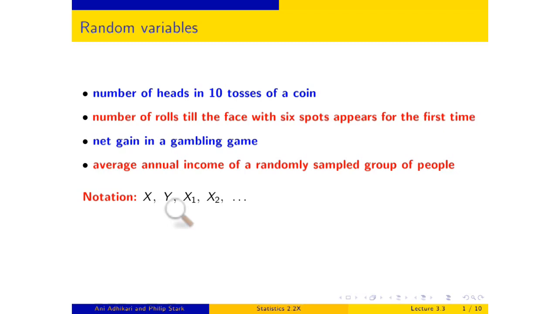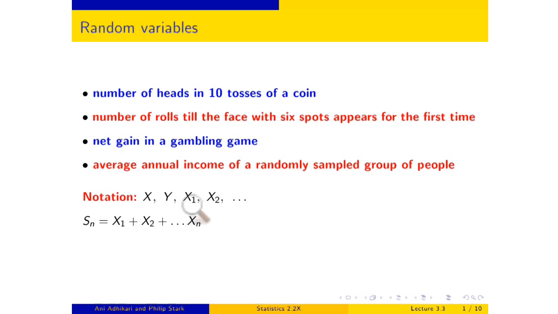And in what we're going to be doing, very often you're going to have the number of spots on the first roll of the die, the number of spots on the second roll of the die, or the voting behavior of the first person in the sample, the voting behavior of the second person in the sample, and so X1, the first observation, X2, the second, and so on, is very commonly used, and so is the sum.